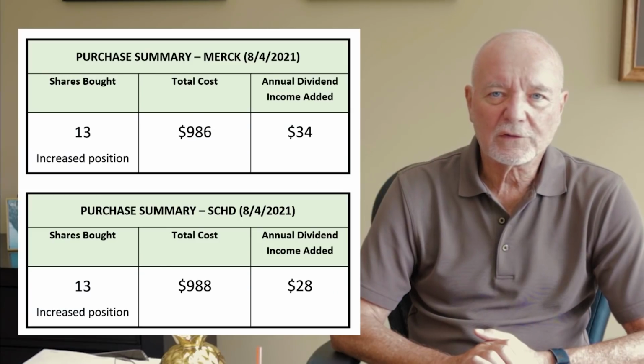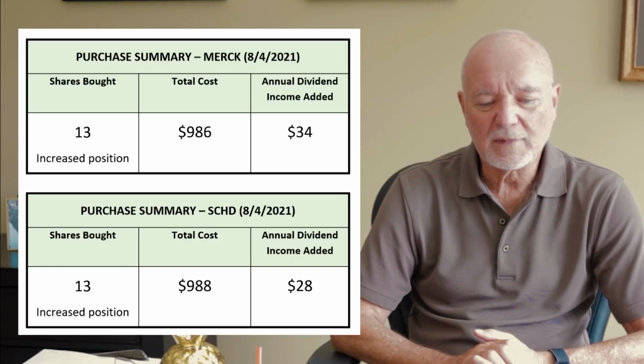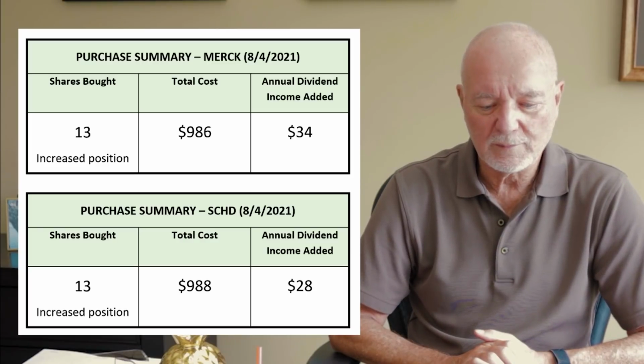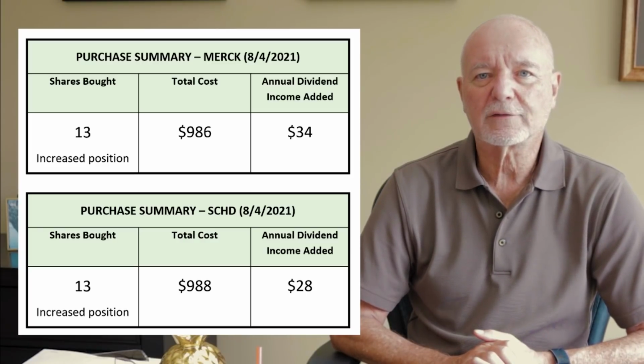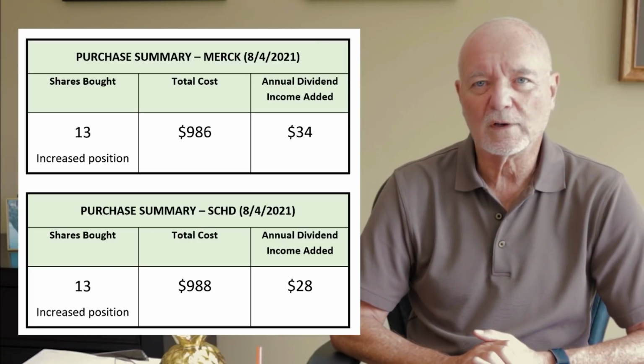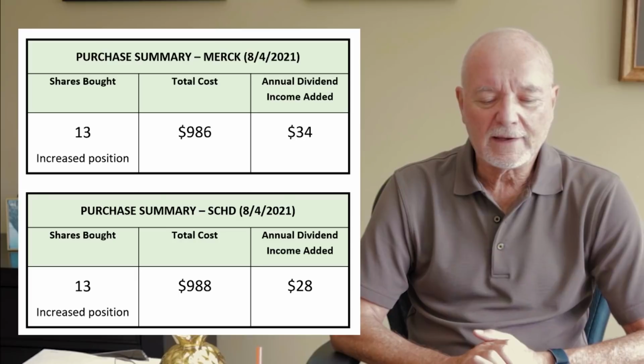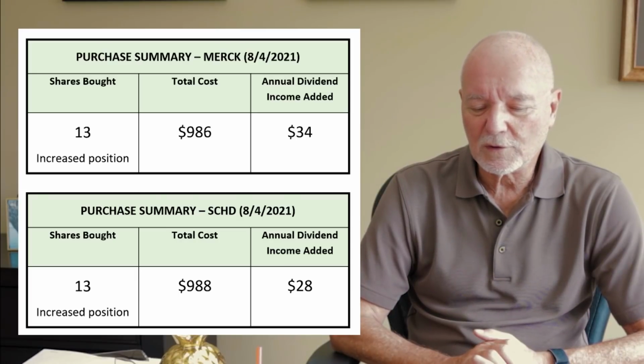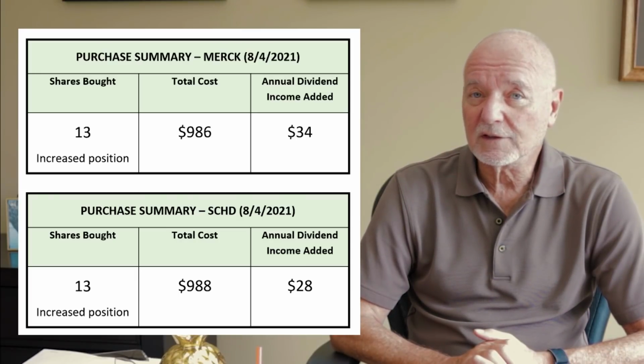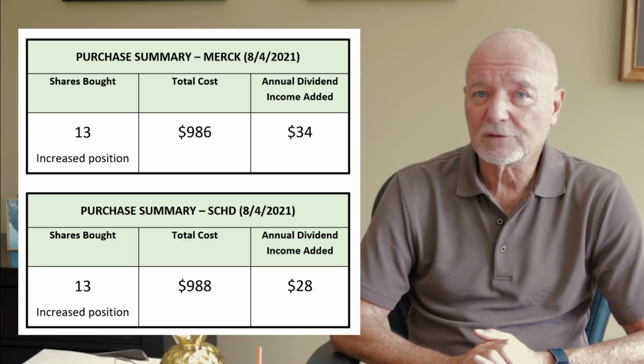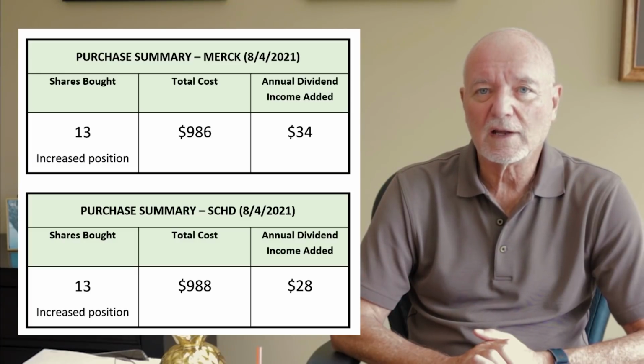This display shows the summary of the purchases that I made in those two investments. I basically split the money that I got from selling Microsoft, so approximately just short of $1,000 went into each of these purchases. That got me 13 shares of Merck, and the annual dividend income added from those 13 shares is $34 a year.